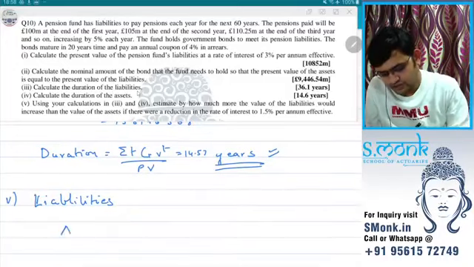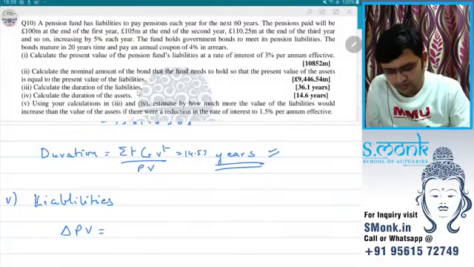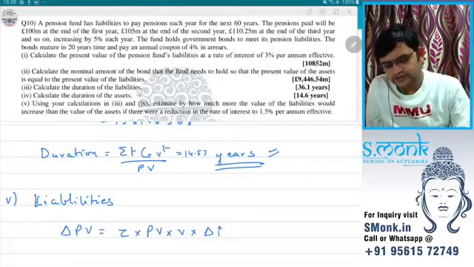We say the change in present value is what? It is tau into present value into another discounting factor into change in interest, right?